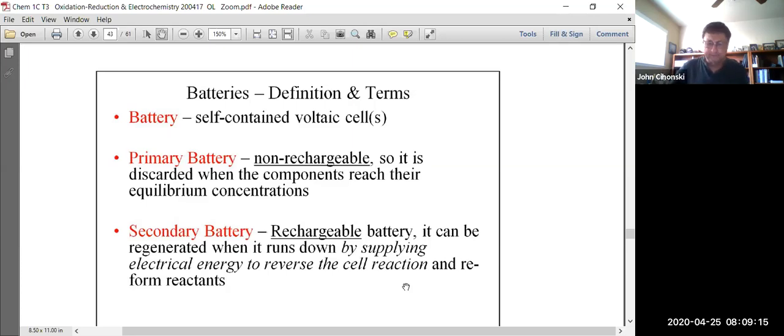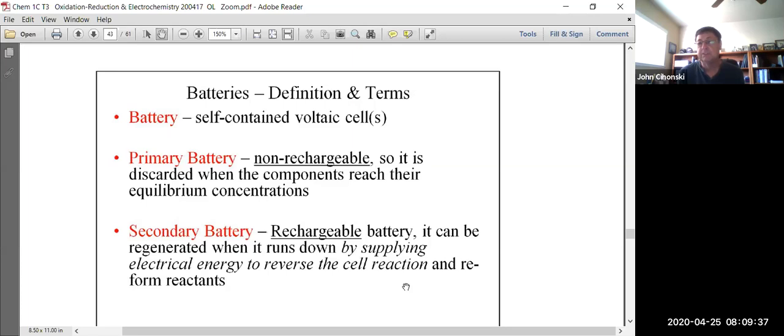And you probably are aware that there are two types of batteries, what we call a primary battery and then a secondary battery. And you've used both, I'm sure, many times. A primary battery is one that you do not recharge. When it dies, you don't even try to recharge it.